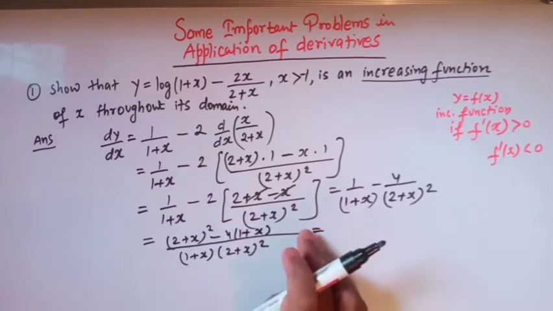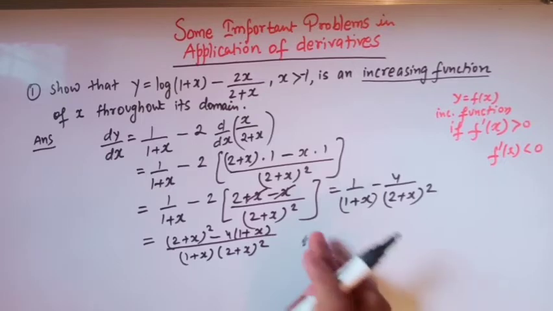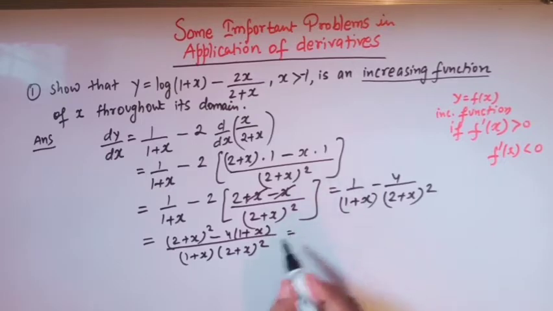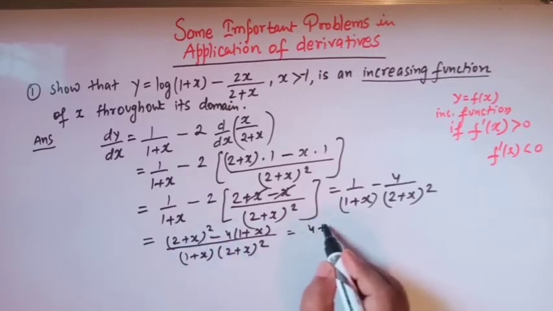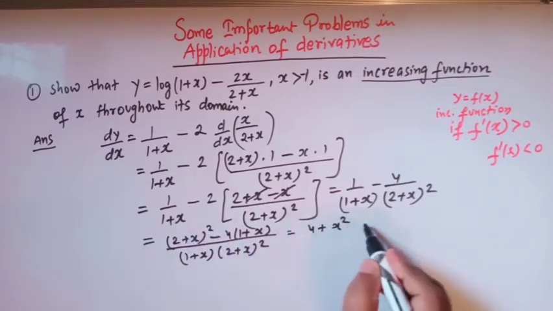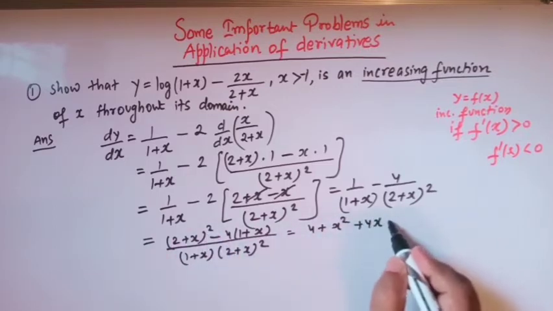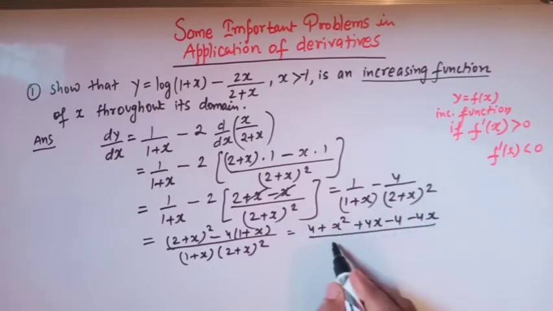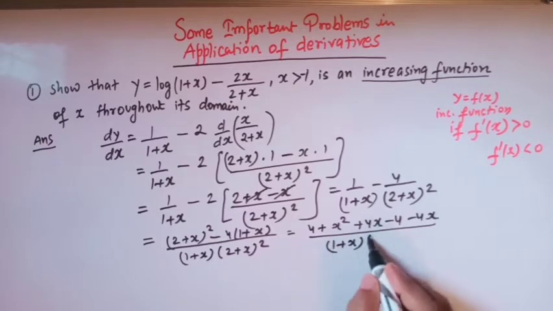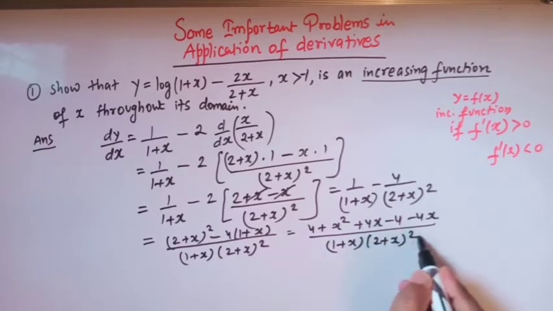Clear? Now if we simplify this expression, we have this (2 + x) whole square, that is 4 + x square + 4x, minus 4 and minus 4x, and this is (1 + x), this is (2 + x) square.